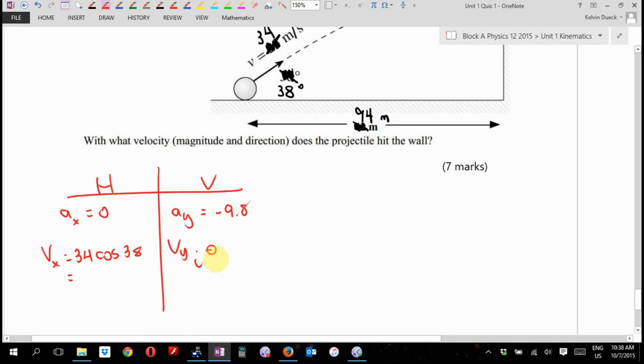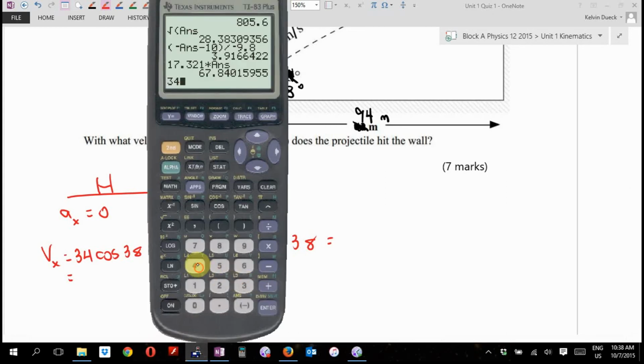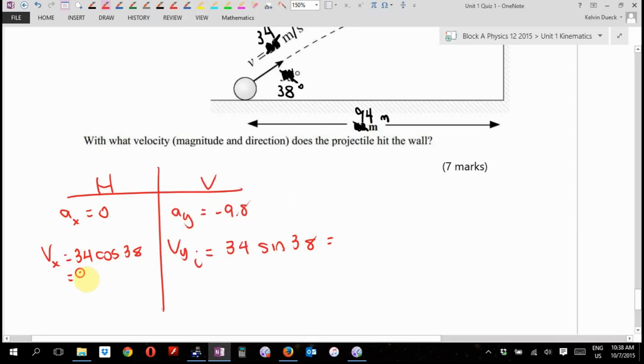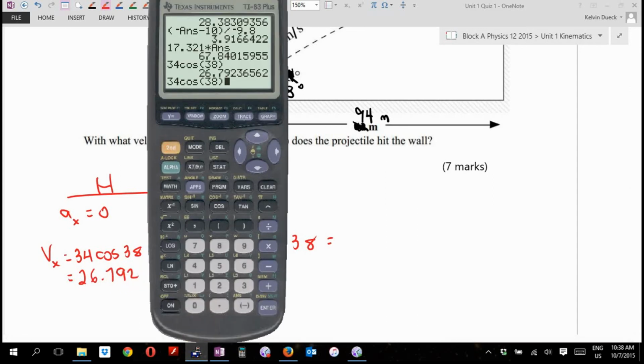Vy initial is going to be 34 sine 38. 34 cos 38 is 26.792. 34 sine 38 is 20.932.